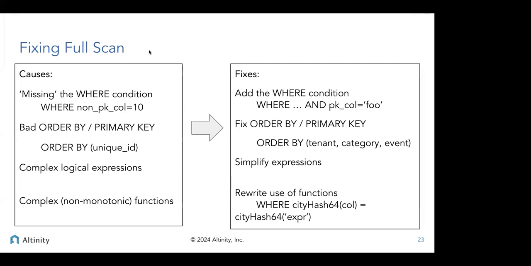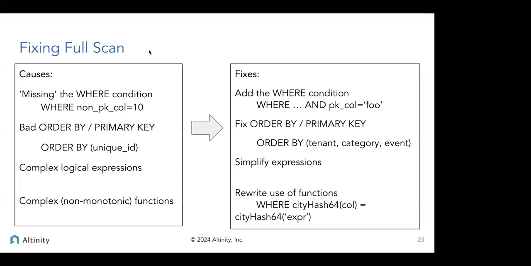It's quite typical when people start using ClickHouse to create wrong order bys on primary keys. In other databases, you often do something like order by some unique ID. In ClickHouse, typically a good order by looks like order by tenant ID, some category ID, and some event ID, something like that.